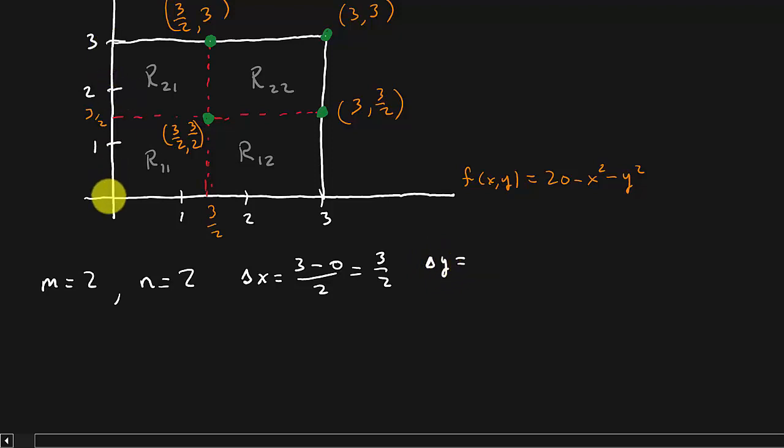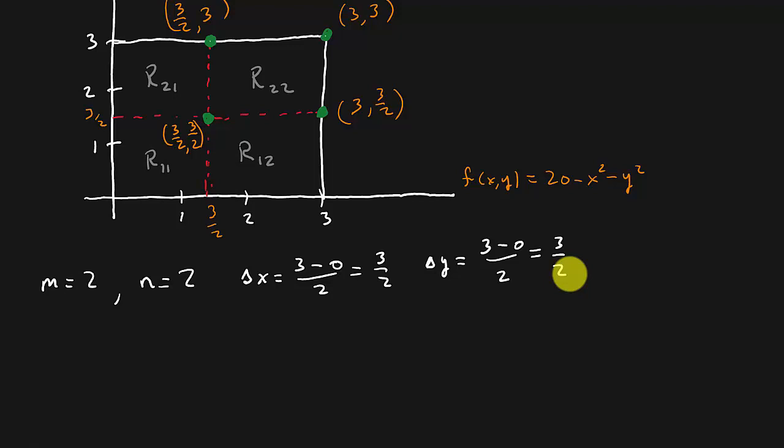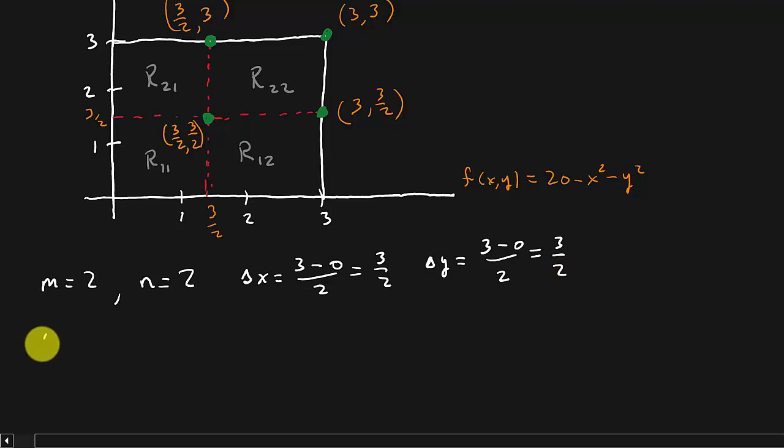That's (d - c)/n, so d is 3 minus c, which is 0, over n, which is 2. And that's 3/2 also. We can see it from the picture, but let's write it out. And then I also have delta A. Remember, that's delta x times delta y, which is 3/2 times 3/2, which is 9/4. That's delta A.